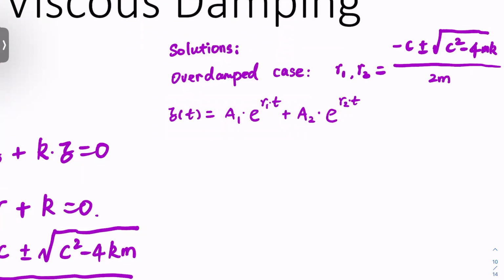But my question is, you look at this number, and remember, R1, R2, both are negative numbers, right? Both are negative numbers, and the function of z is a power function. Do you think there's any oscillation under this scenario? Look at this equation.